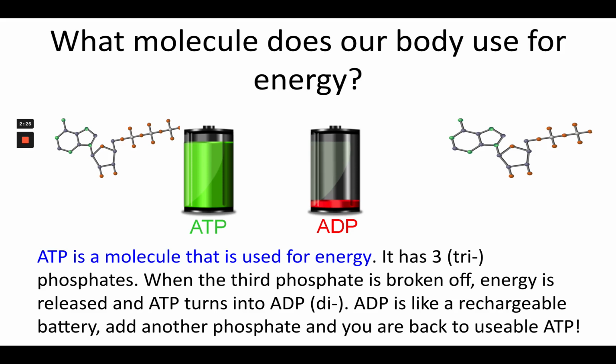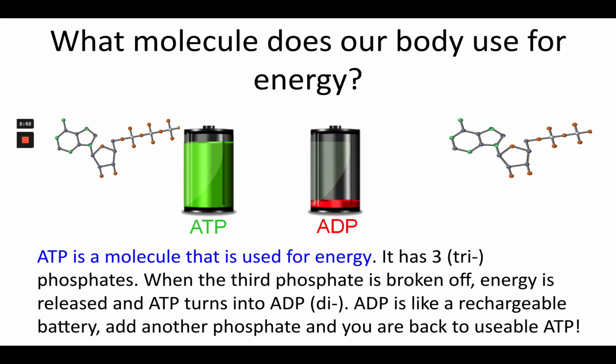When that 3rd phosphate is broken off, energy is released, and ADP is formed. So ADP, adenosine diphosphate, where the di means 2. So where ATP is the complete battery, ADP is the dead battery. And when we break off that 3rd phosphate, a massive amount of energy is released.